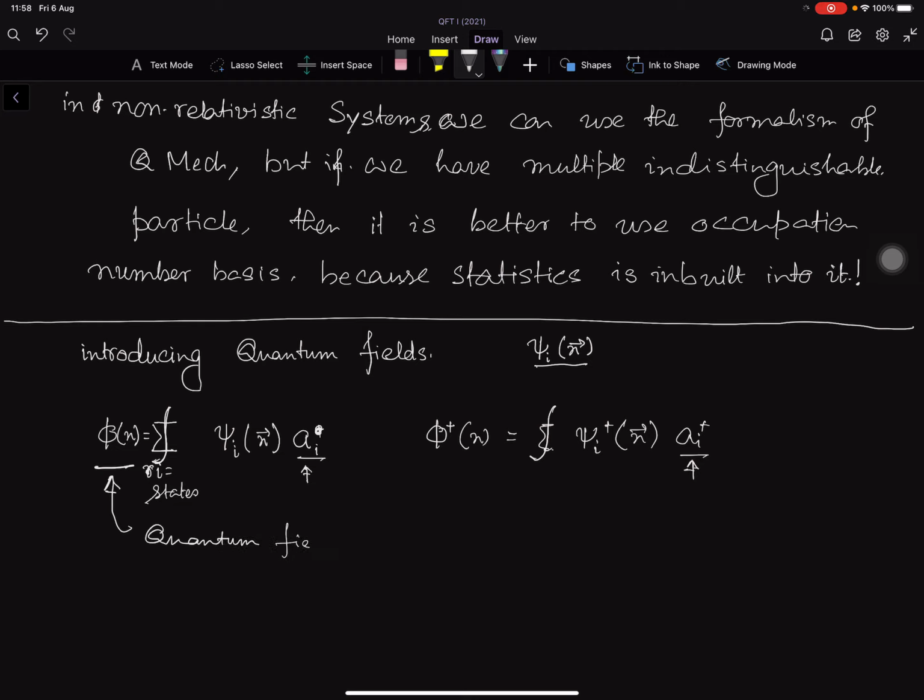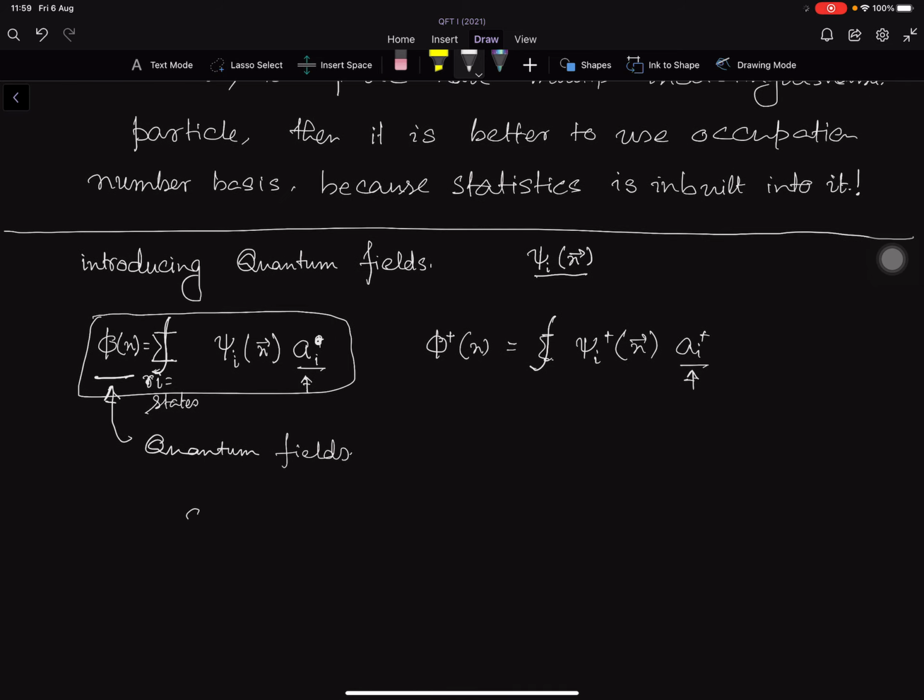In the later part of the lecture we will not start from a quantum mechanical system and then define quantum fields. We'll do it the opposite way: we'll start from classical fields and then quantize them to get quantum fields. But this is also one way to think about quantum fields: given a system of multiple quantum particles, I can define these operators, and they are called quantum fields.